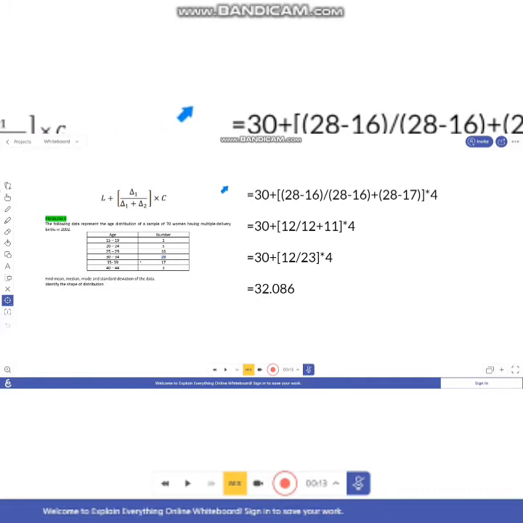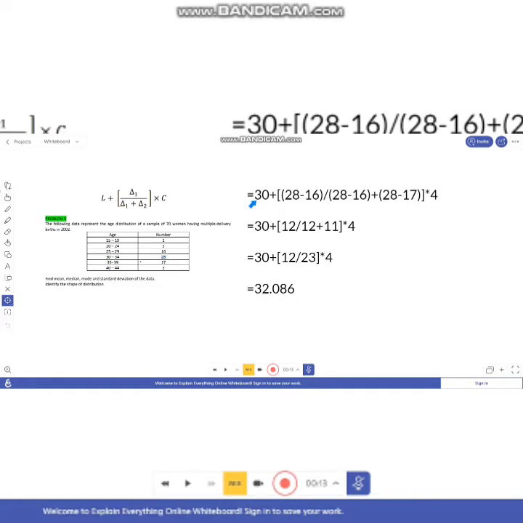Over on the right, we can see I have substituted the numbers into the formula. Where I get 30: 28 is our highest frequency, so the lower boundary of that class is 30.